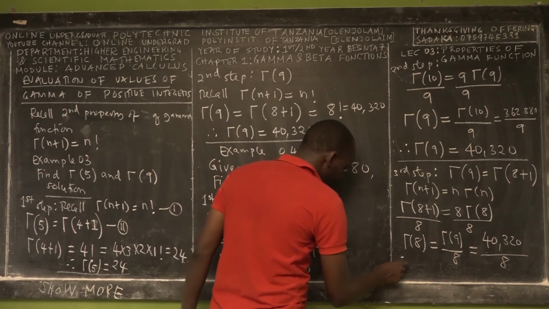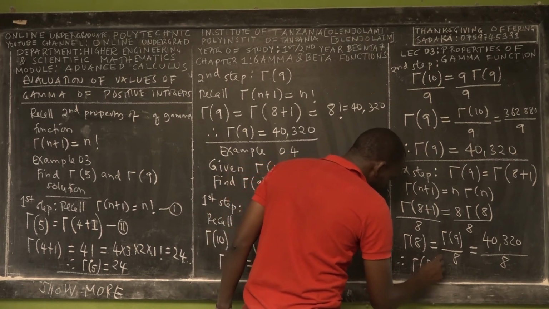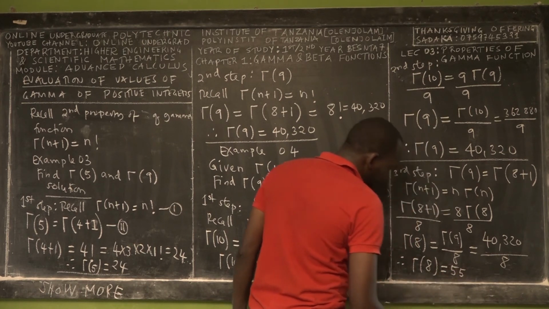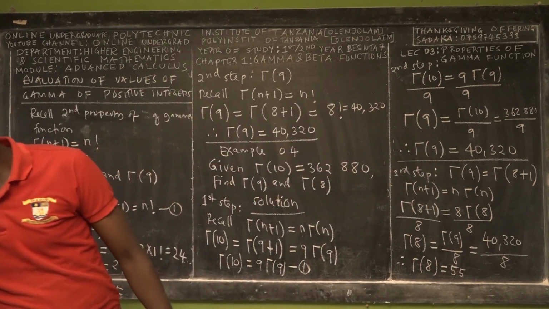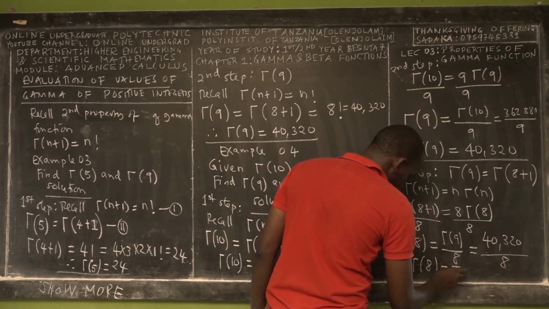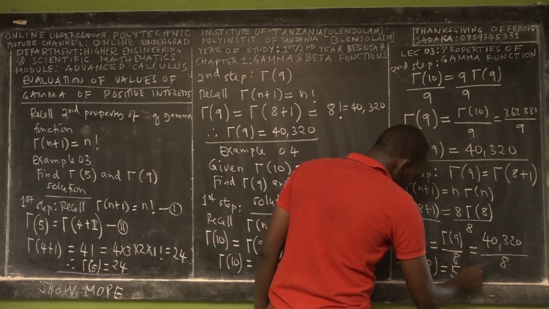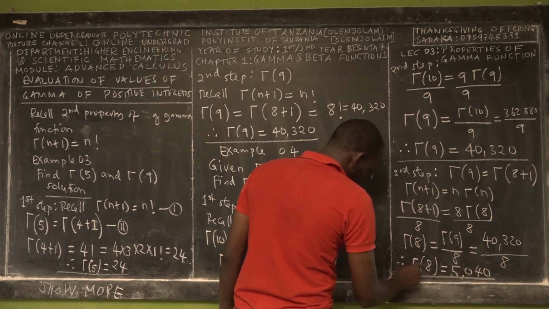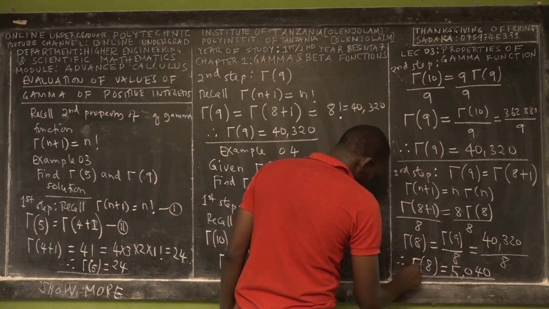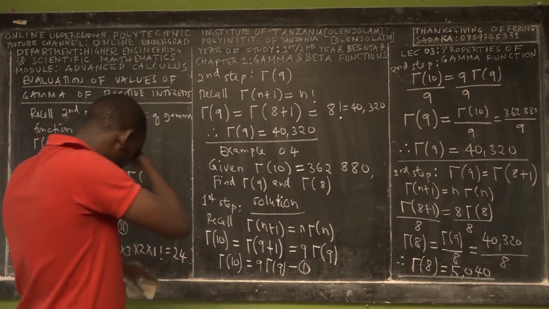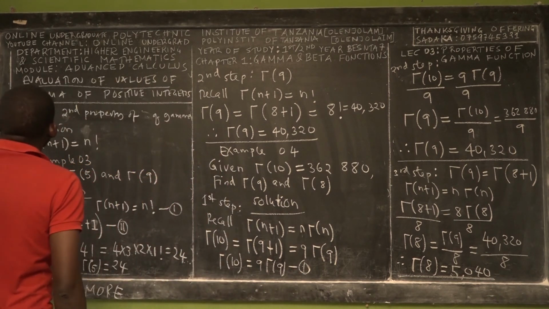So therefore, gamma of 8 is equal to 5040. Okay? That's the gamma of 8.